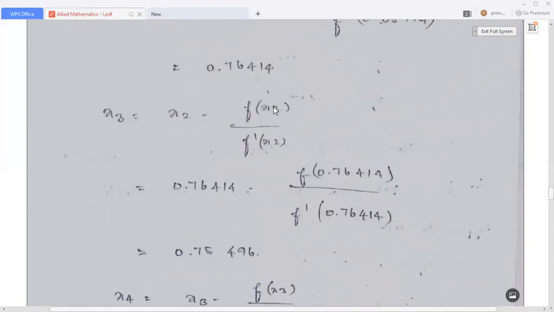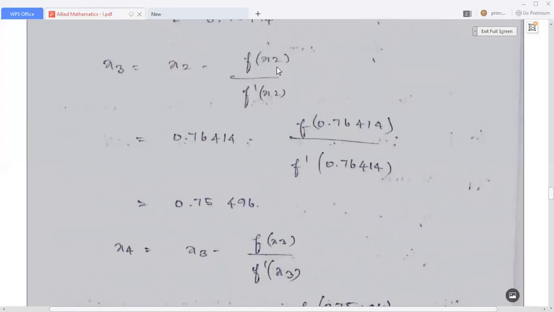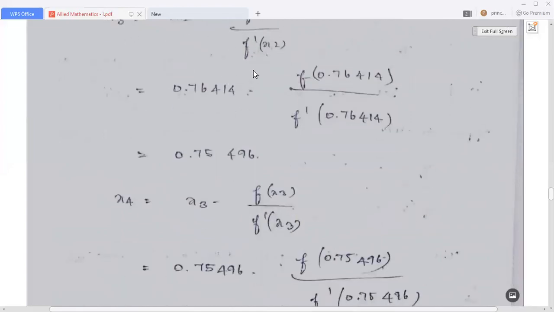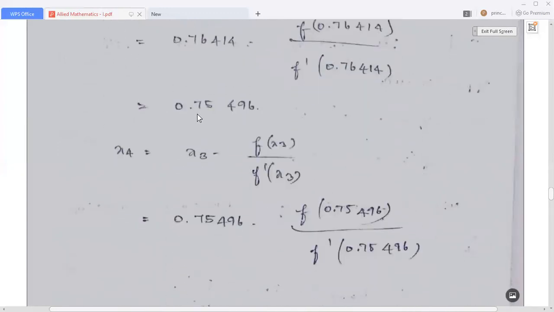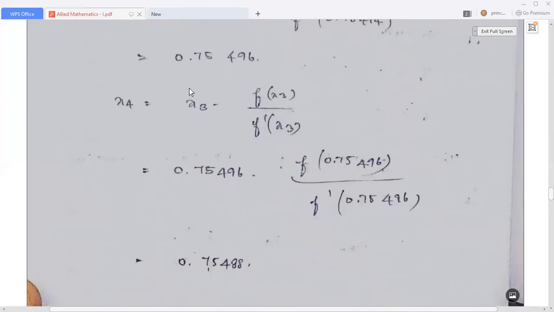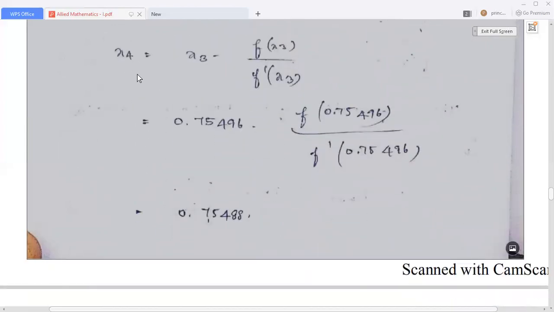Here we substitute x2 equal to 0.76414 in f of x and f dash of x. When you substitute that value, we can calculate x3. That is x3 equal to 0.75496.